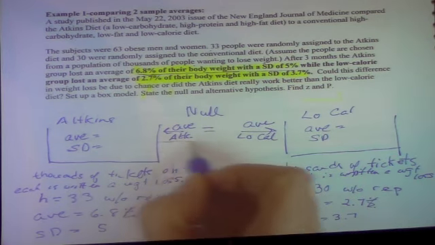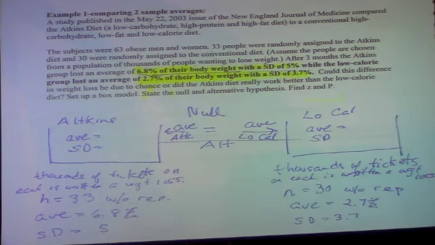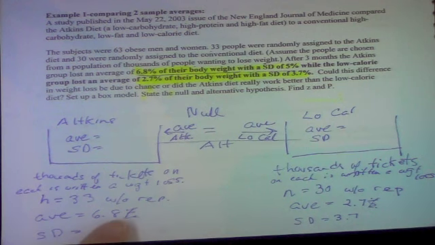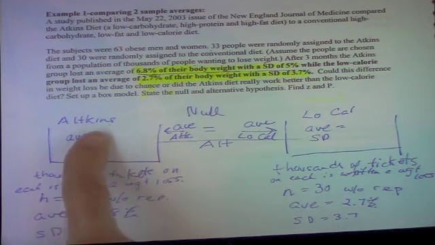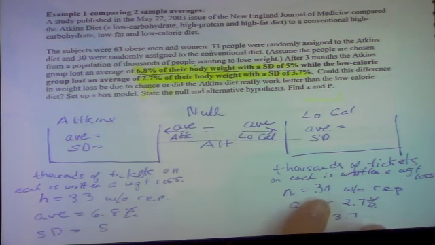That's the null. Now what does the alternative say? The alternative says no. This difference here is strong evidence that the Atkins works. We would not see a difference this big, 6.8 minus 2.7, a 4.1 difference, if these two were equal.